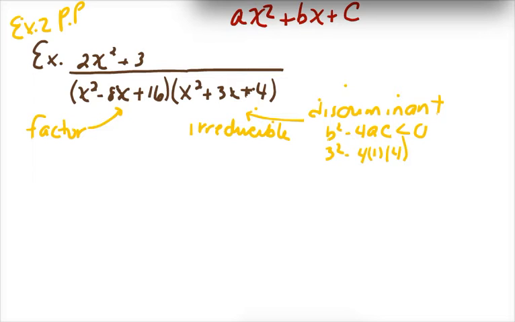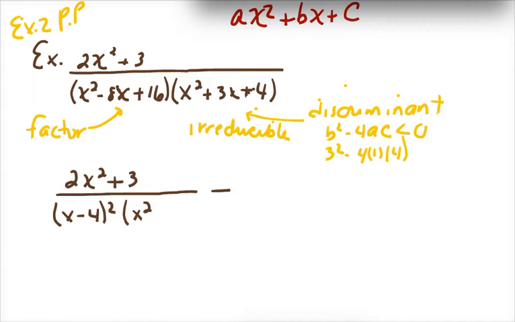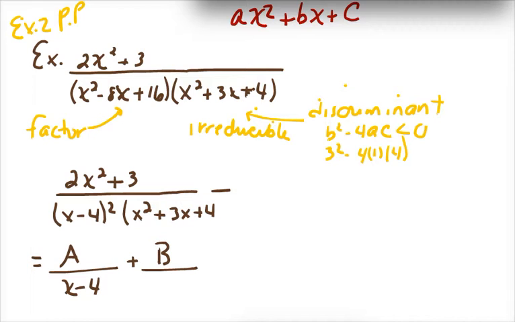This factors the leftmost quadratic into x minus 4 squared. And then this is the irreducible quadratic. That's just going to stay the same. So the partial decomposition is going to be A over x minus 4 plus B over x minus 4 squared, because that's a repeated linear factor.